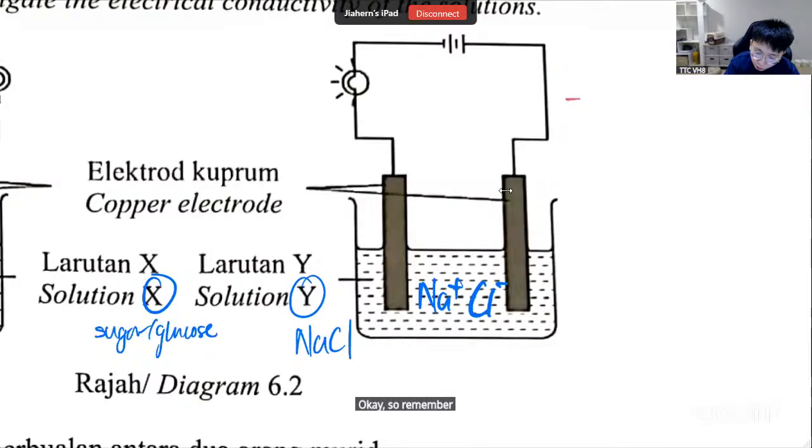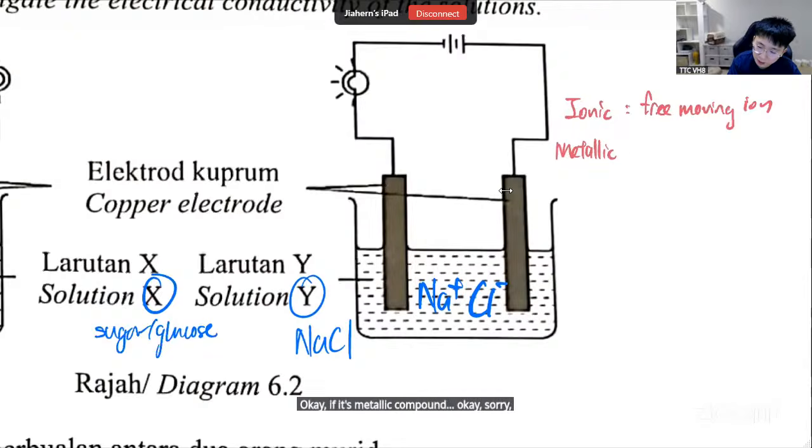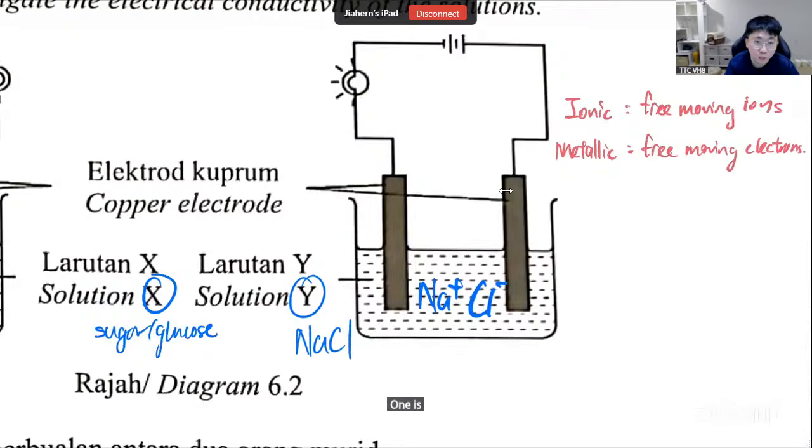Remember, if you talk about an ionic compound, it conducts electricity because of free moving ions. If it's a metallic substance, with a metallic bond, it's free moving electrons. So they conduct electricity in different ways. One is free moving ions, one is free moving electrons.